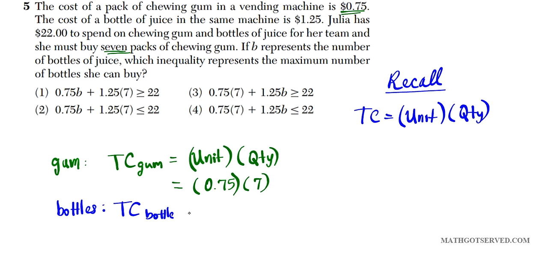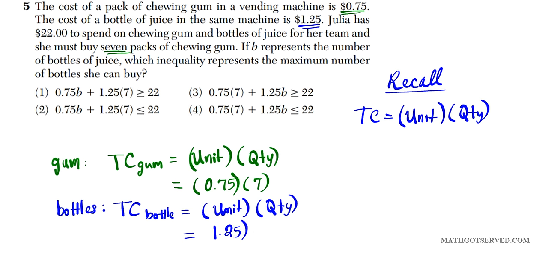Well, same formula, unit price of the bottle of juice times the quantity, the number of bottles of juice she bought. Okay, what is the unit price for a bottle of juice? The cost of a bottle of juice is $1.25. So the unit cost for a bottle of juice is $1.25.